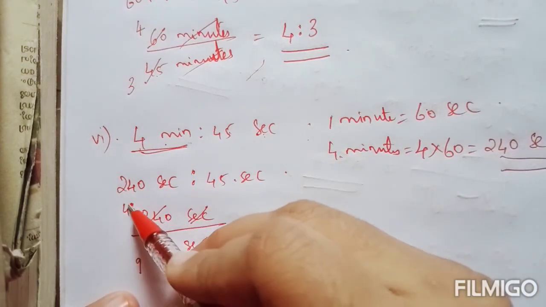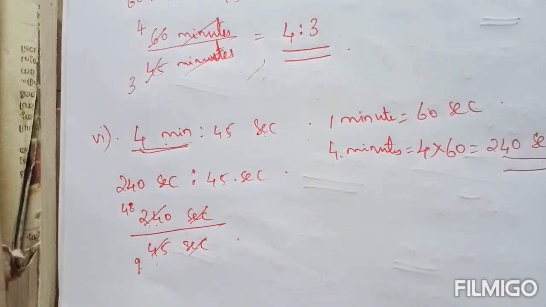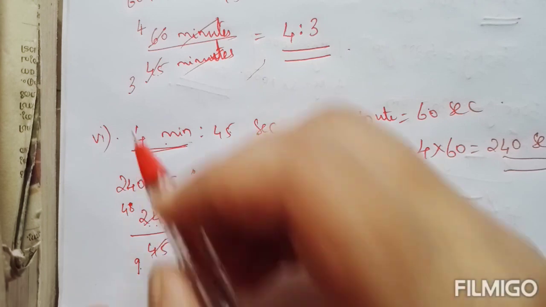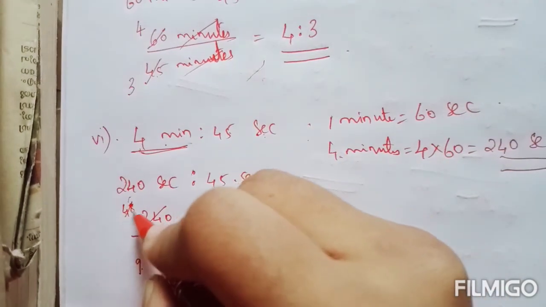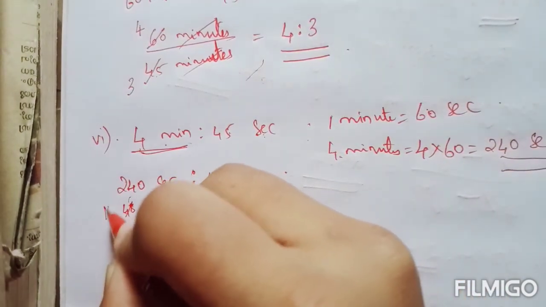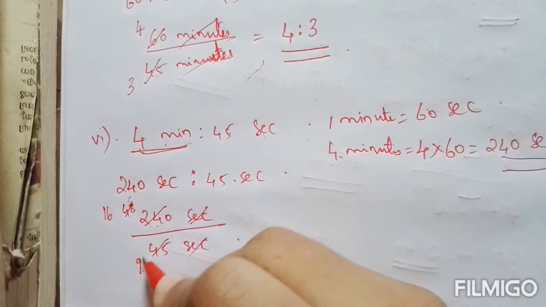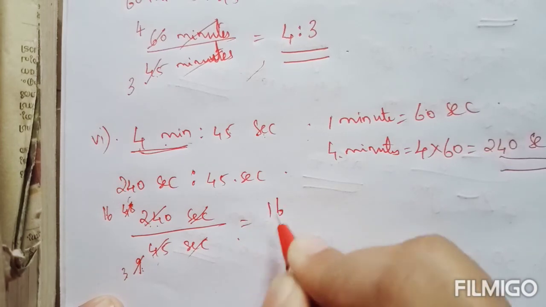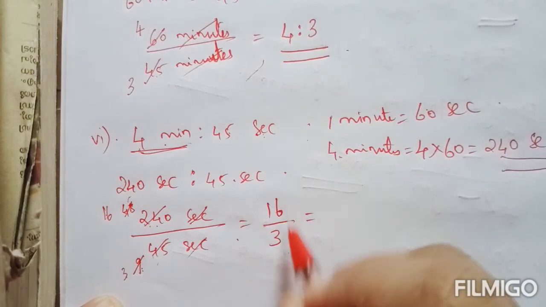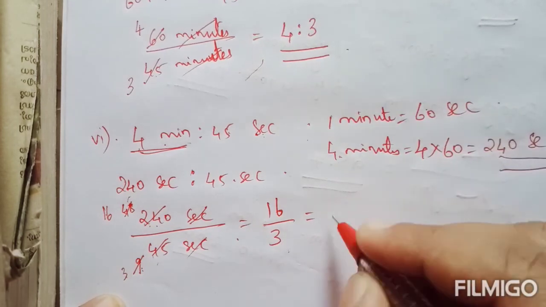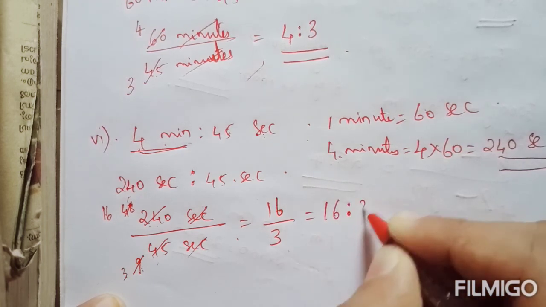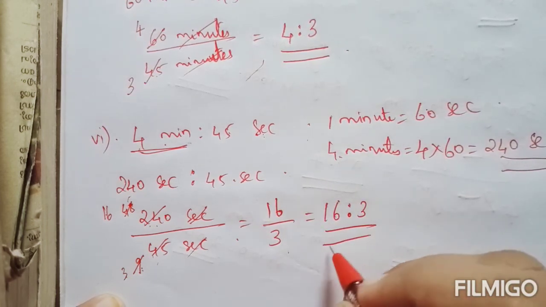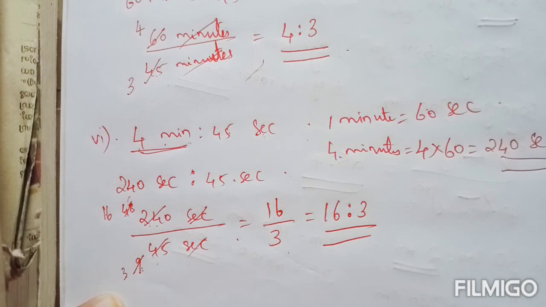Now 48 and 9 both will go in 3. 48 divided by 3 is 16, 9 divided by 3 is 3. So 16 by 3 we got. This we can't reduce further. So the answer is 16:3. 16 by 3 we can write as 16:3.